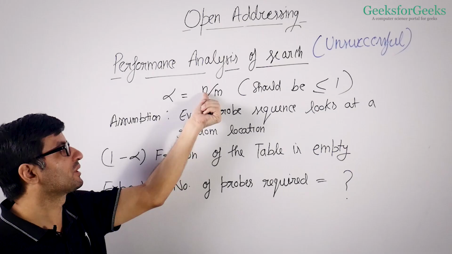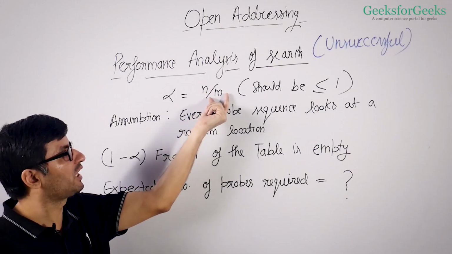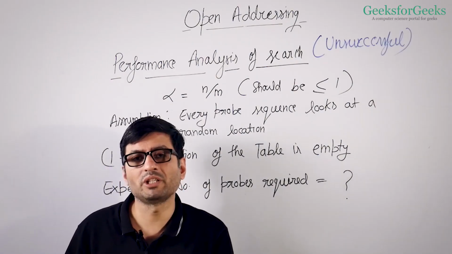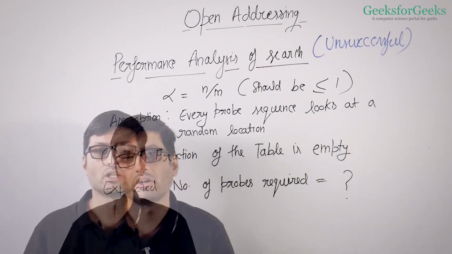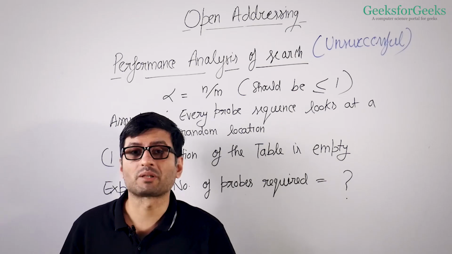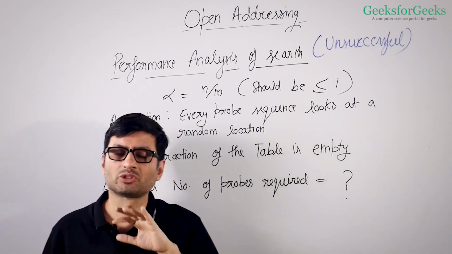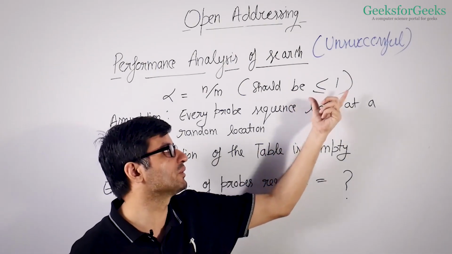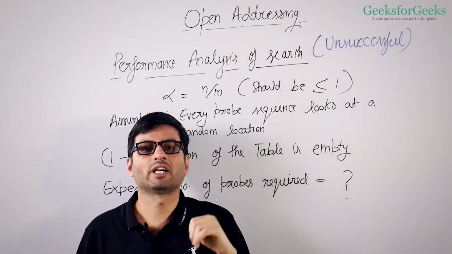It's the number of keys present in your hash table divided by your hash table size. For open addressing, your alpha must be less than or equal to 1. In quadratic probing, it should be at most half. But there is no such requirement in double hashing. It is similar to linear probing. It says that it should be at most 1.